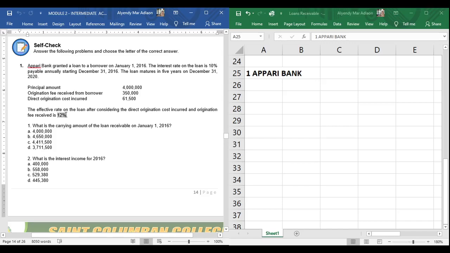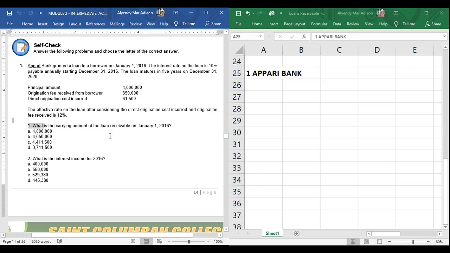Kaning 12% after na ni siya sa adjustment using aning origination fee and direct origination cost. So, gituyo ni siya, nga naay bago nga rate ng 12%. Kaya, may mo naman silang mga interest income. So, kasan na lang ang pag-compute sa interest. So, that will be 12%.